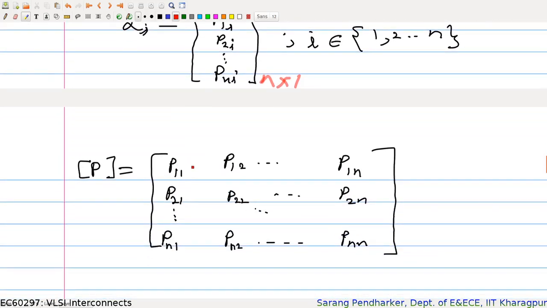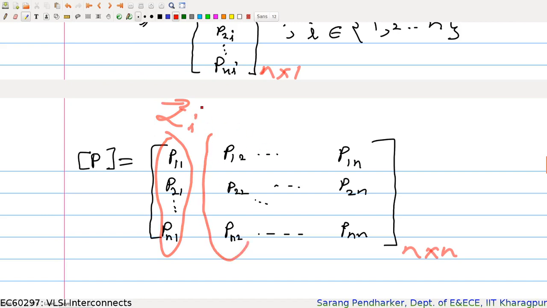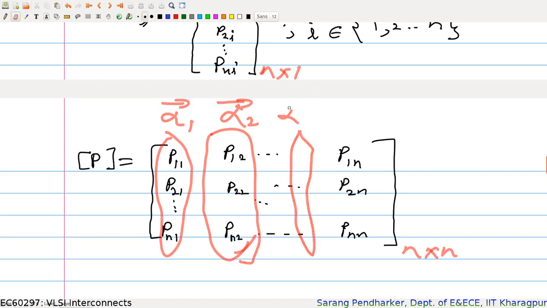In other words, what I am saying is that in general P is given by this. This is n cross n. So I can call this alpha 1, this I can call alpha 2, and similarly somewhere in between I can call it alpha i, and so on.